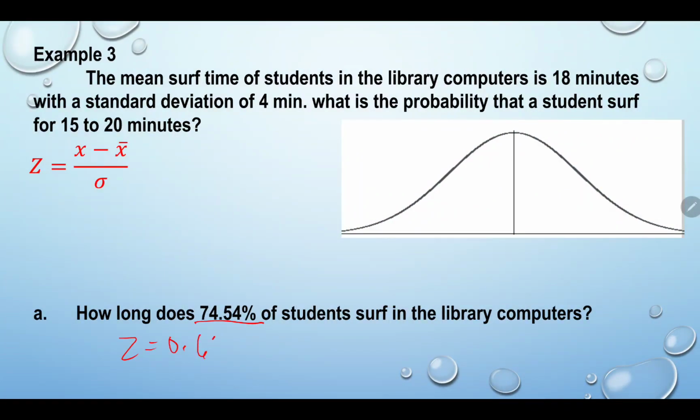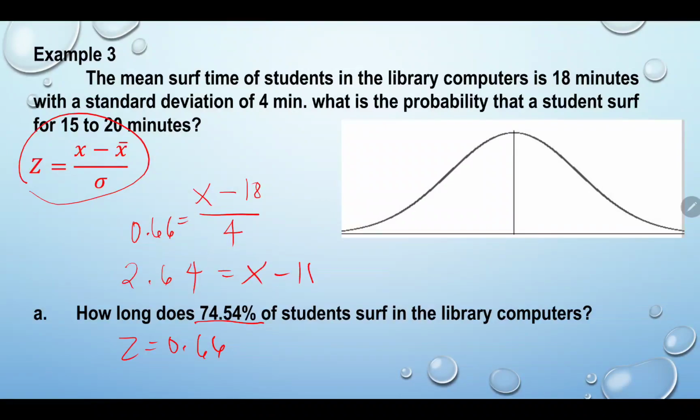What we need is to get the actual value. So we will reverse it now, and use it. So our z is 0.66, our missing score. Our mean will be 18, our standard deviation will be 4 minutes. So we just solve for our x. So, cross multiply. So we will have here 2.64 equals x minus 18.